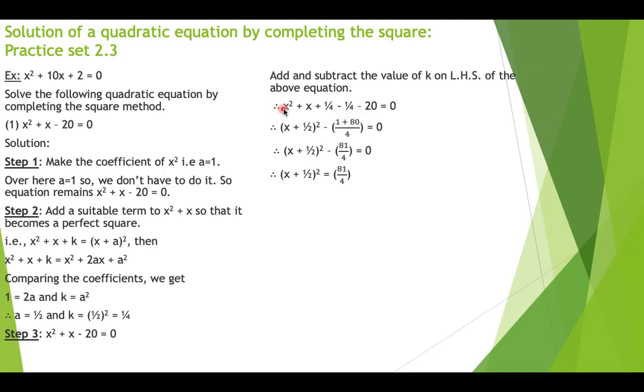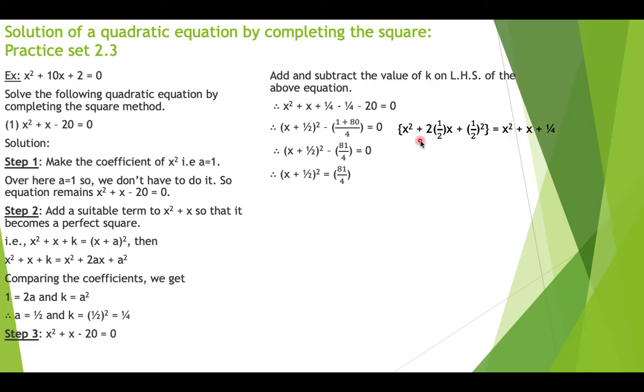After this, if you observe carefully, x square plus x plus 1 by 4 becomes x plus half the whole square. If you open this bracket, you get x square plus 2 into half x plus half the whole square, which ultimately goes to x square plus x plus 1 by 4.